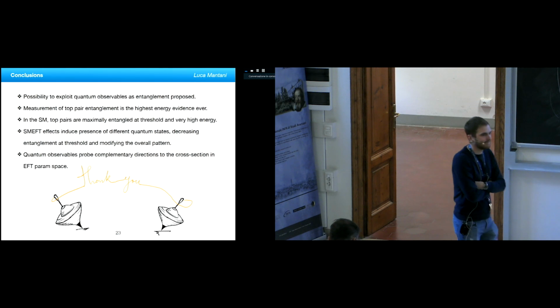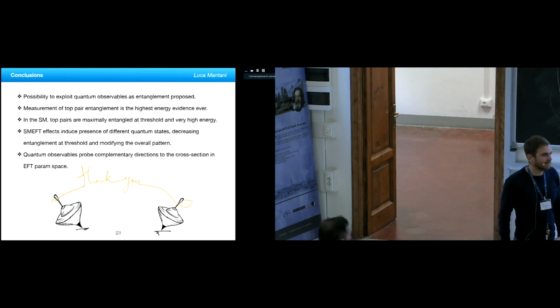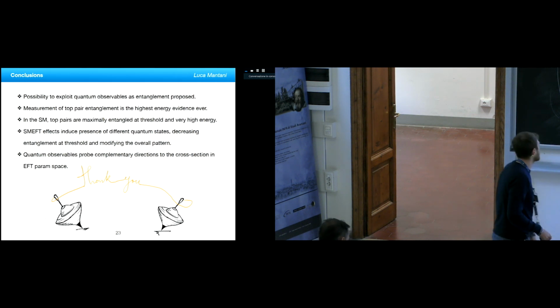A provocative question. The D observable measured by ATLAS, minus 1/3 and so on, is at the end built upon the C matrix elements, no? And how should the EFT effect... So I would say, that's actually the problem.